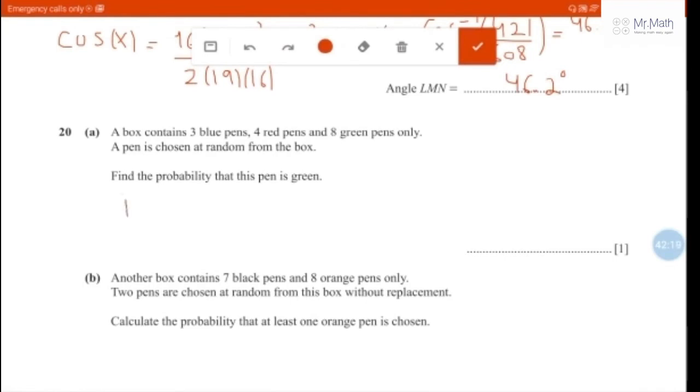So P, the probability of getting a green pen, is the number of green pens, which is 8, over the total number of pens, which is 8 plus 4 plus 3, so it's equal to 15. So the probability is 8 divided by 15.